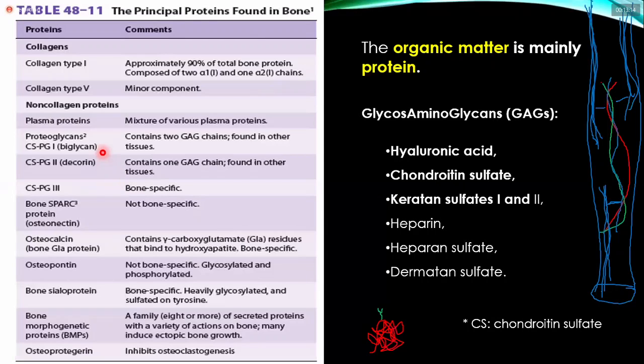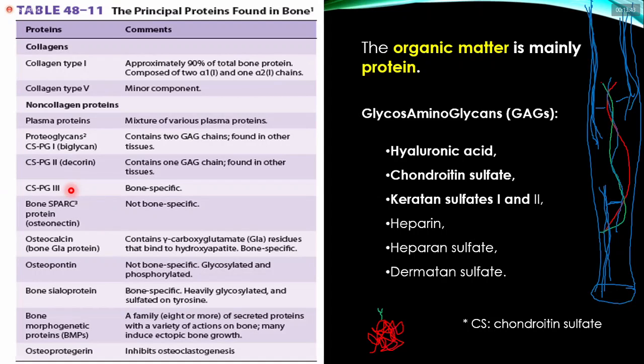One of them is known by the short name biglycan, and the other one is decorin, and they are not bone specific. It means that they can be found in other tissues. Why do we focus on the words bone specific and bone non-specific? The third type of proteoglycan is a bone specific proteoglycan. It's only found in the bone, so we can use it as a marker in the future.